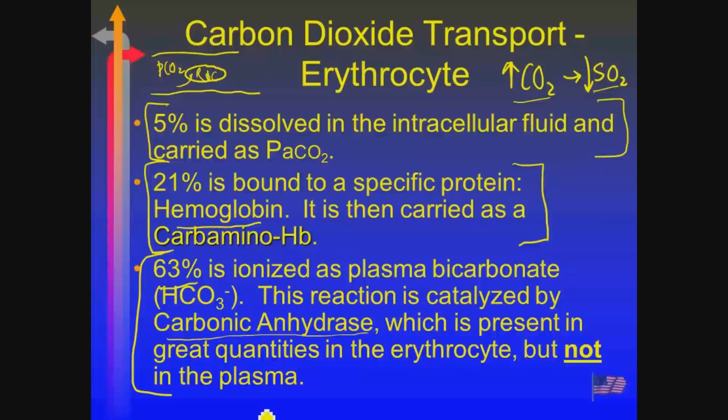We're going to find out it's also present in the renal tubules, as well as being present in the eye. Dissolved, protein, bicarb. The three different ways that it's carried, both in the bloodstream and in the erythrocyte.